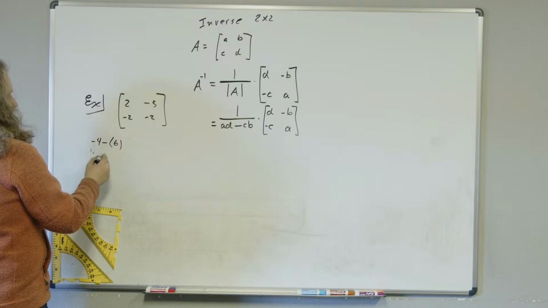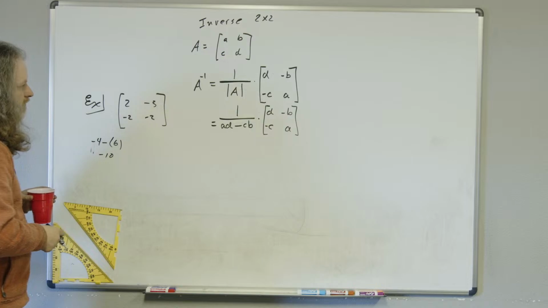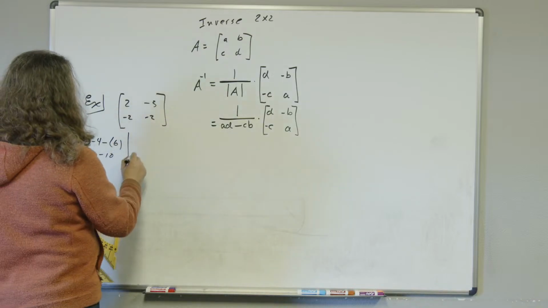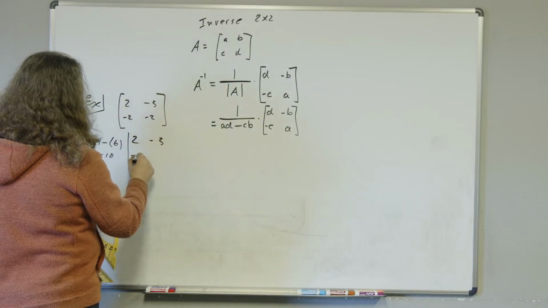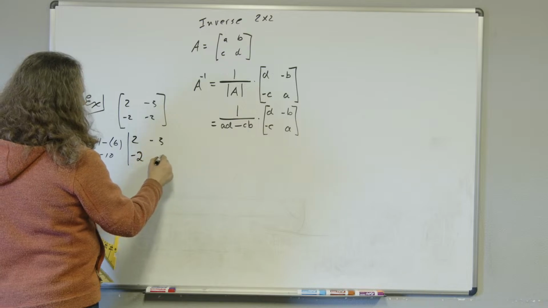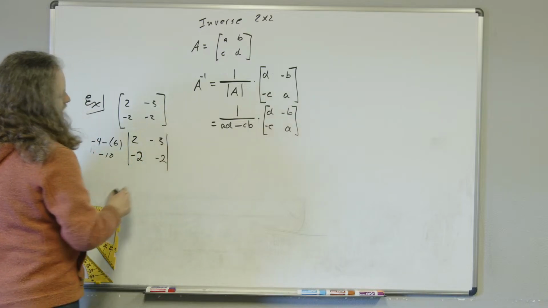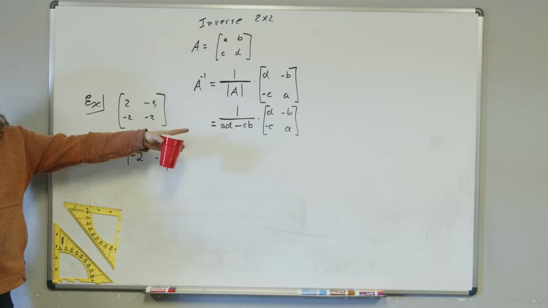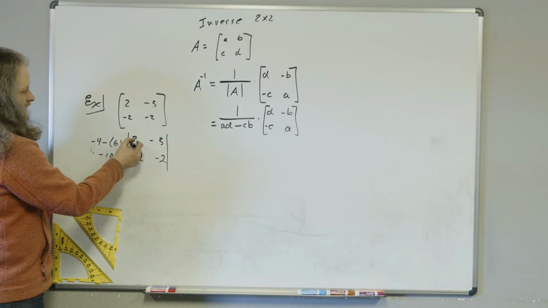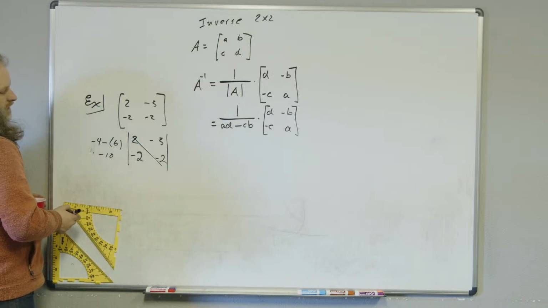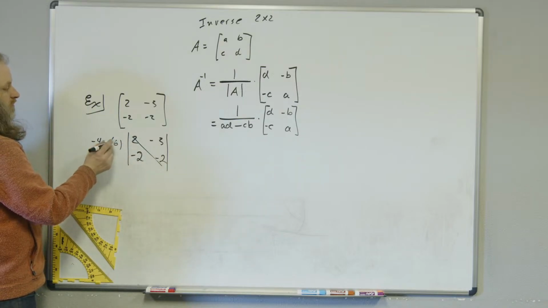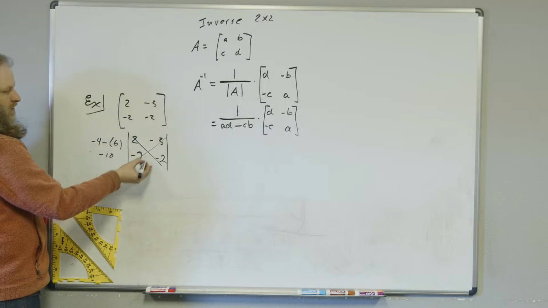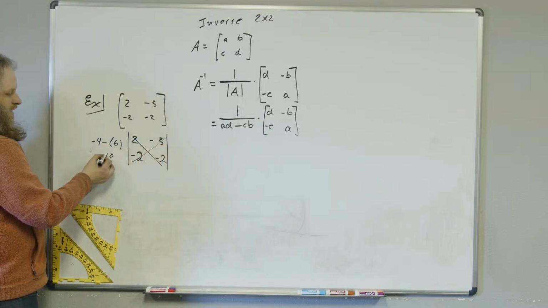So the determinant would be negative 10, right? The determinant is a single number representing the whole matrix. That's about as complicated of a definition as I care to give at the moment. So it's negative 10.